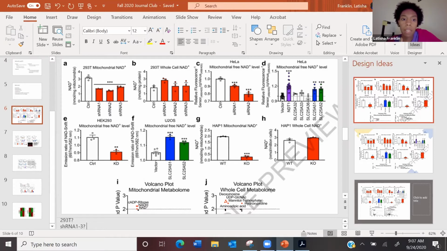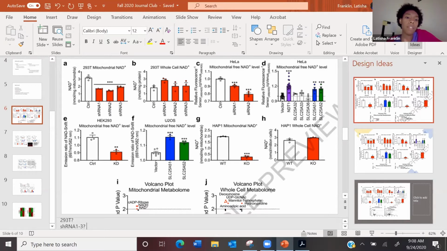Looking at panel B, here they're looking at the NAD per mg of protein in the 293T whole cell NAD. Just off the top, I'm asking myself why in panel A they were looking at NAD measured.